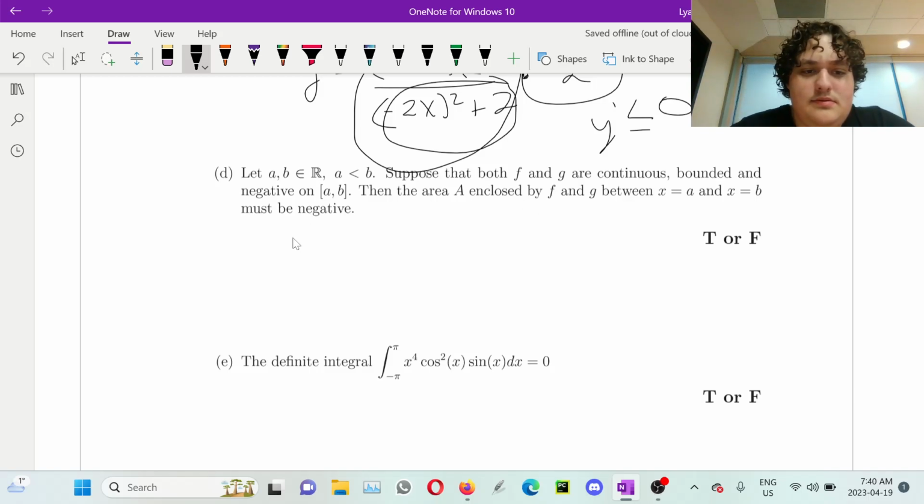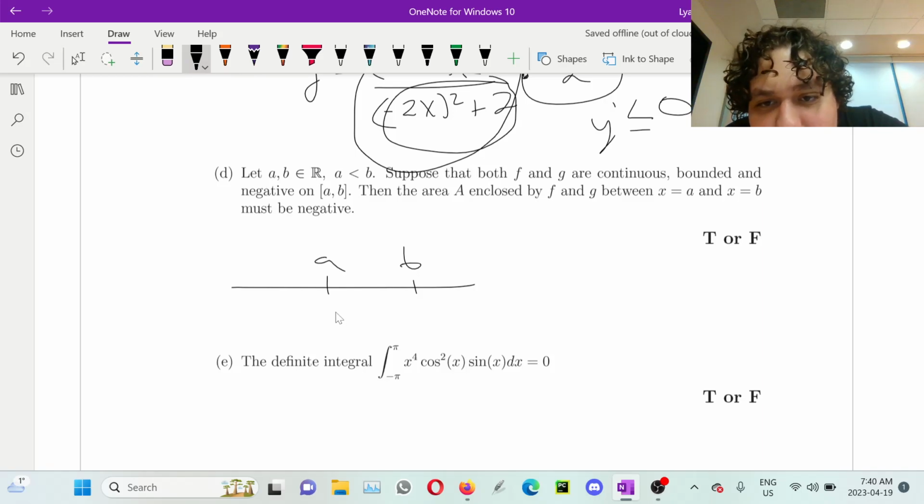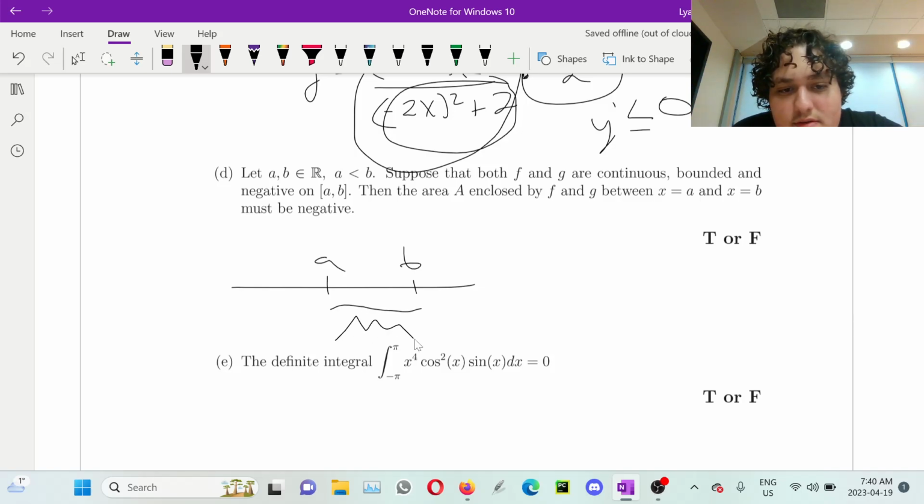I mean, you have some a and some b, right? Don't really need this. And we have two negative continuous functions that are bounded, like whatever.